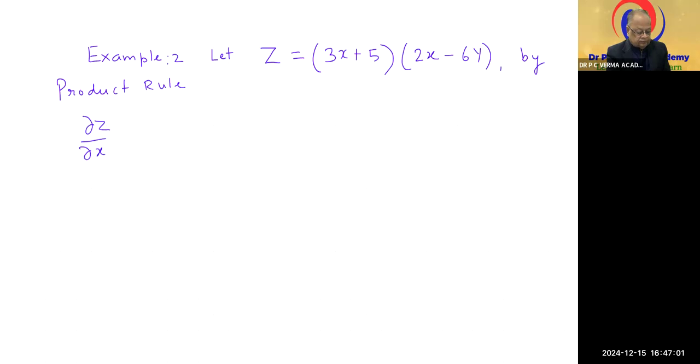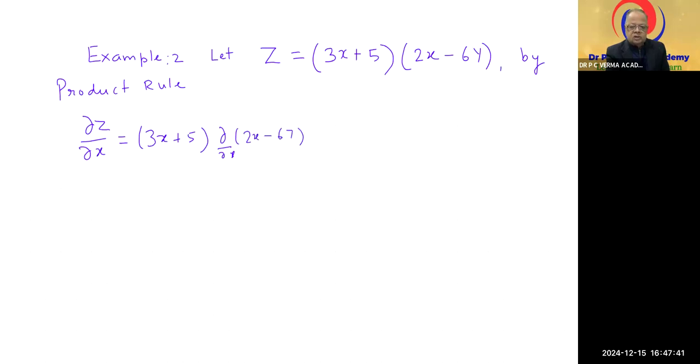Then our first term, 3x plus 5, and we will have to differentiate with respect to x this term, 2x minus 6y.